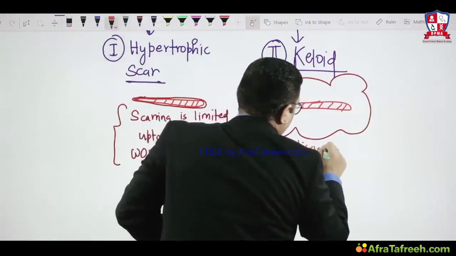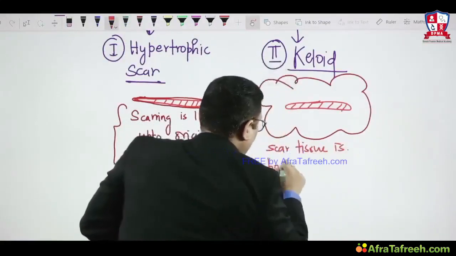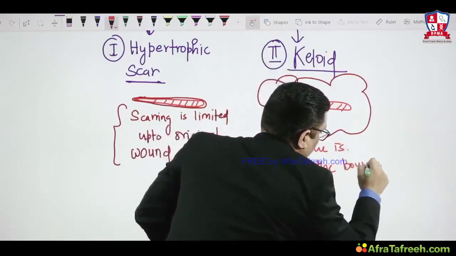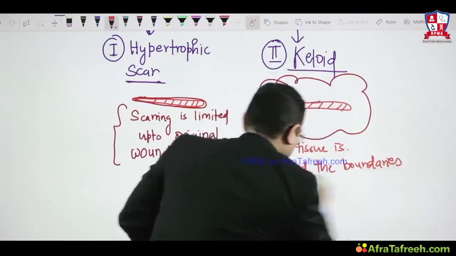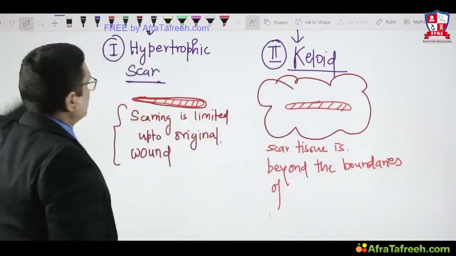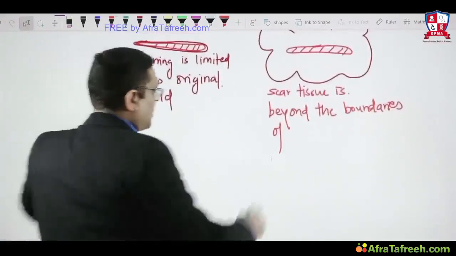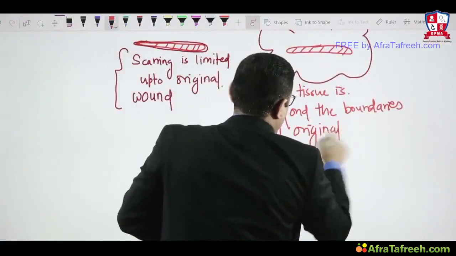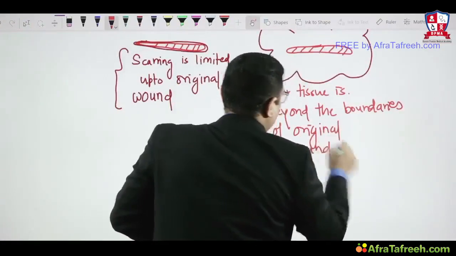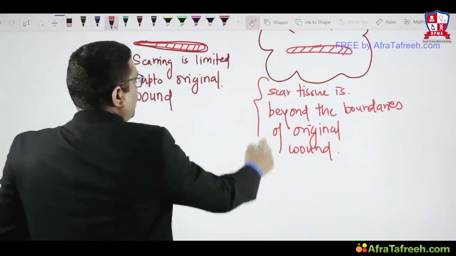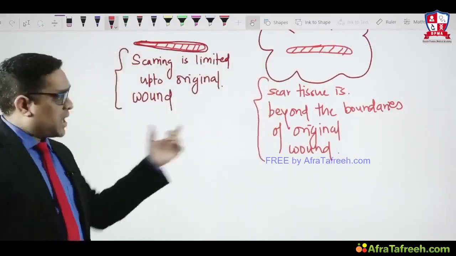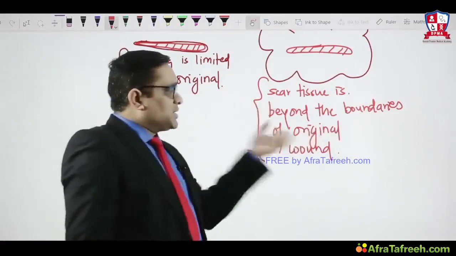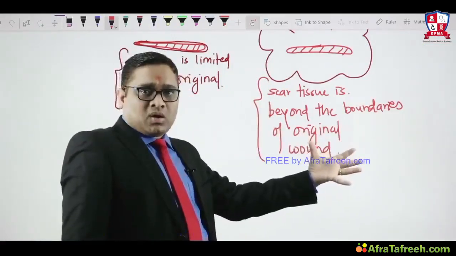So scar tissue is beyond the boundaries of the original wound. That is how we can differentiate between hypertrophic scar and keloid. Hypertrophic scar is limited to the original wound area, and keloid is beyond the area of the original wound.